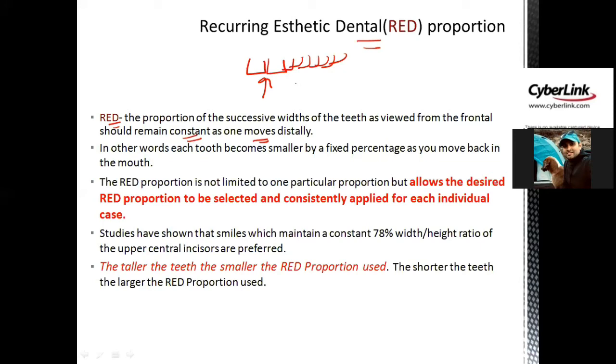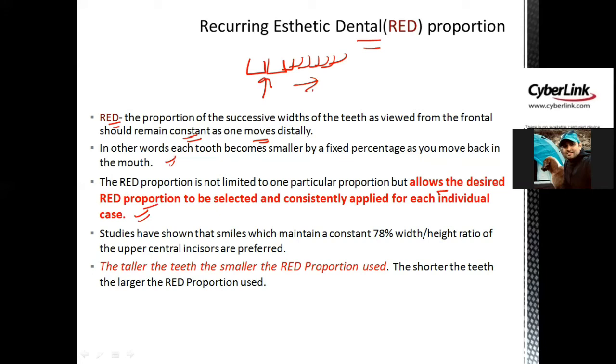We should be able to view that in a constant mode when we are moving distally. In other words, each tooth becomes smaller by a fixed percentage as you move back in the mouth. So RED is not limited to one particular proportion, but allows the desired RED proportion to be selected and constantly applied for each individual case.